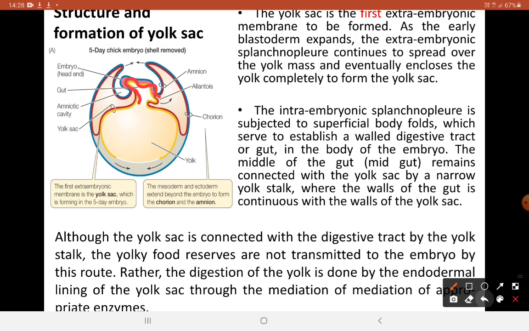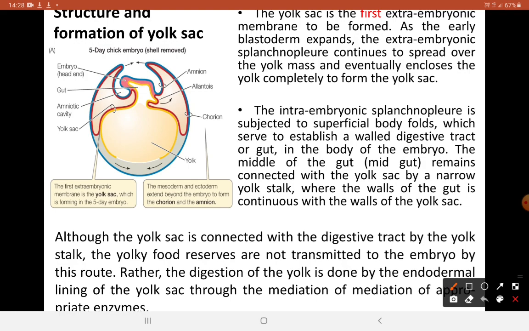Okay, now which is the yolk stalk here? This region where the gut is in contact with the yolk sac, the midgut region, this narrow passage is what is called the yolk stalk.